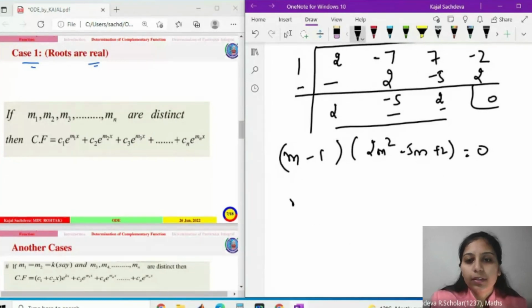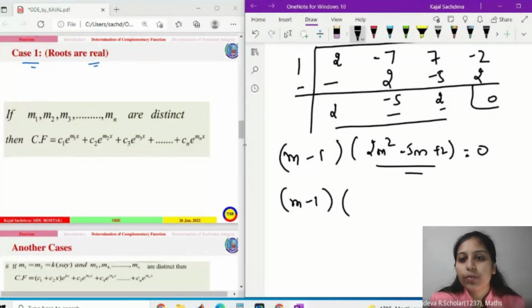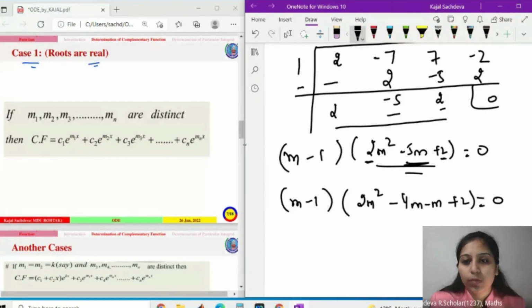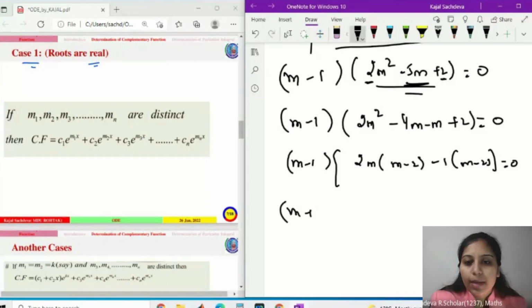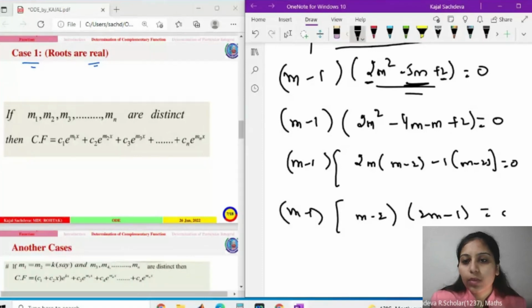We find the roots of this quadratic by making pairs, whose sum is minus 5 and product is 4. So we write 2m square minus 4m minus m plus 2 is equal to 0. Taking 2m common, we get 2m(m minus 2) minus 1(m minus 2) is equal to 0. So we get m minus 2 common, and 2m minus 1 is equal to 0. So we get the three roots: 1, 2, and 1 by 2.